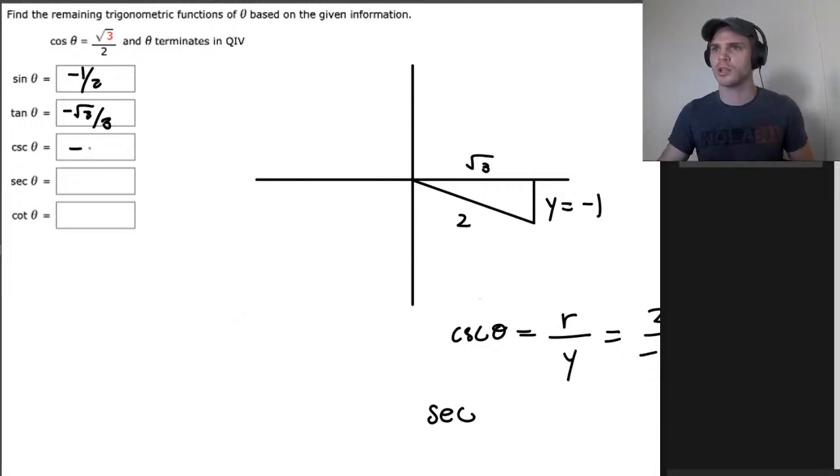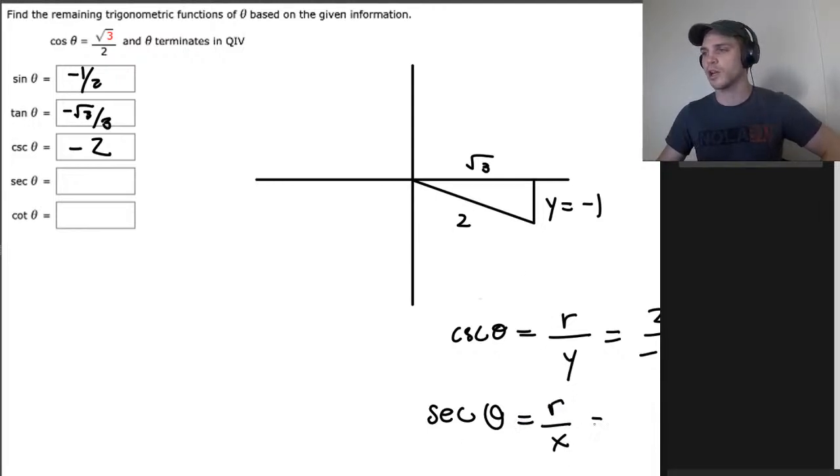Okay, so cosecant, what did I say that was? Negative 2. So the secant of theta is equal to the reciprocal of cosine, which is r over x. From our triangle, we get 2 over root 3. We need to rationalize that by multiplying by root 3 over root 3, and so this becomes 2 root 3 over 3.